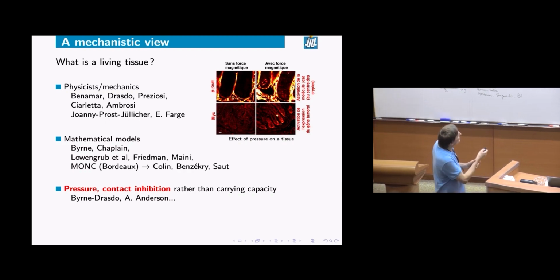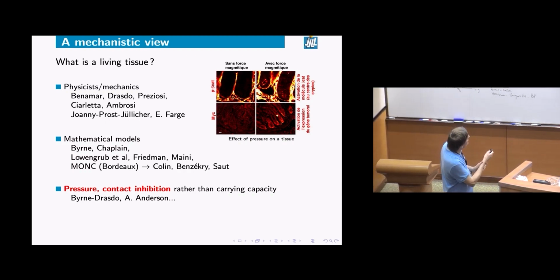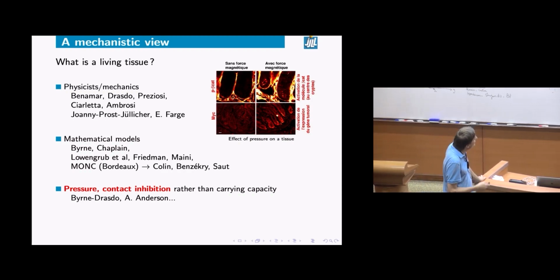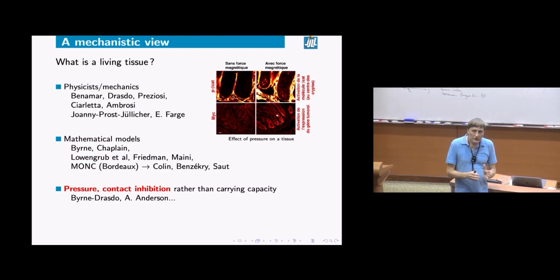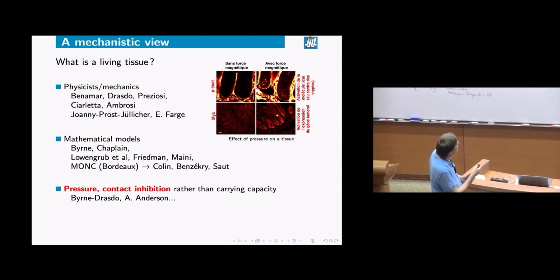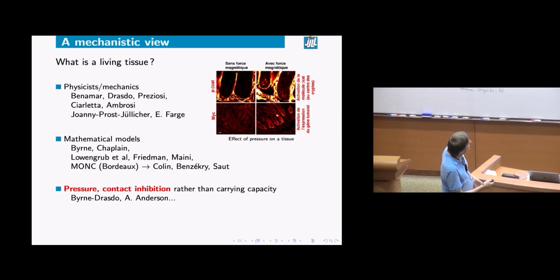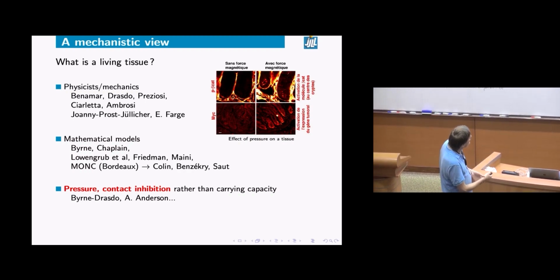And this picture here is a picture I took from a colleague in Paris, Emmanuel Farge, where they forced a pressure on the tissue, on a rat, and just by an external pressure, they could completely change the biomechanical force.